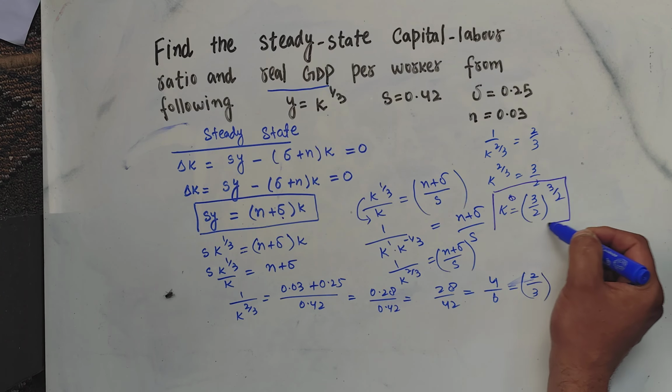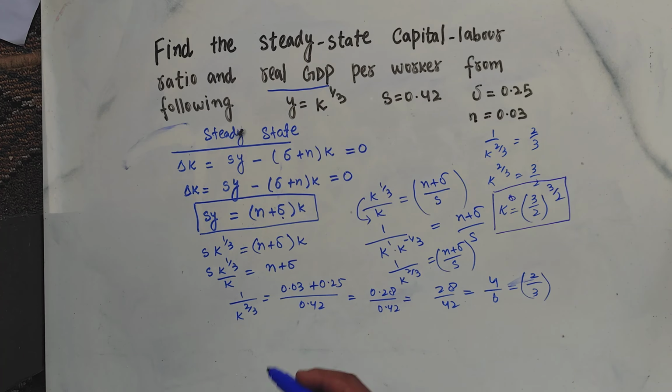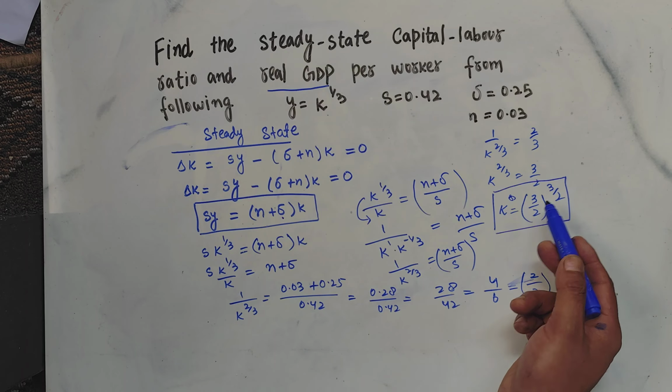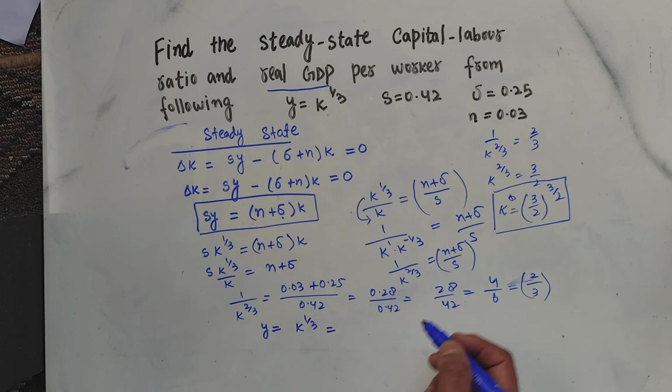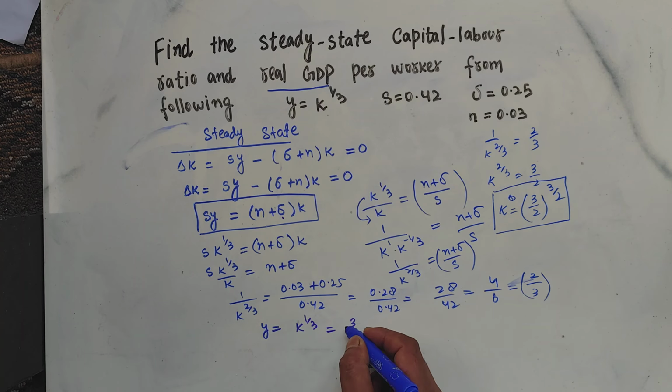Now we also need to find the real GDP per worker. So plug this k into the given production function. Output per worker will be equal to k raised to the power 1/3, which is equal to (3 upon 2) raised to the power 3/2, with 1/3 as the exponent.